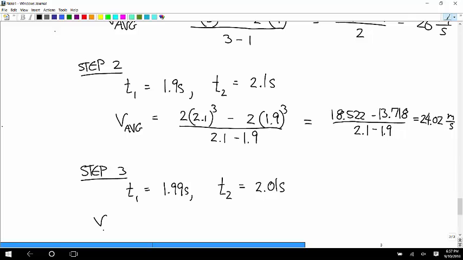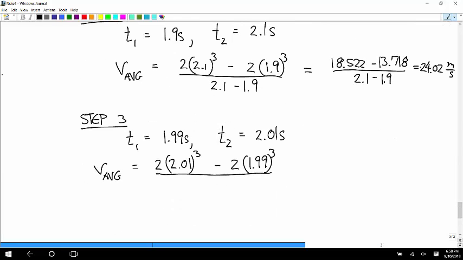And so the average velocity is 2 times 2.01 cubed minus 2 times 1.99 cubed divided by 2.01 minus 1.99. And for that one, you get about 24.0002 meters per second.